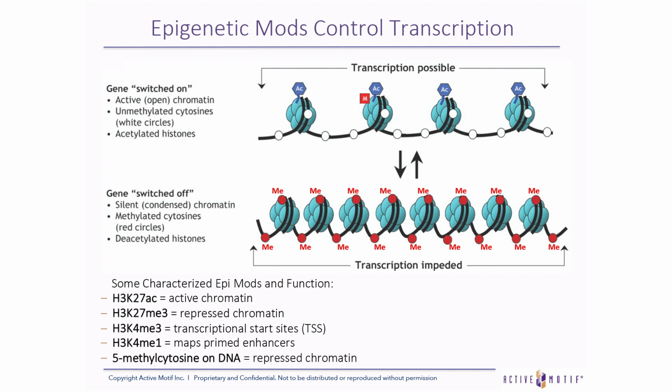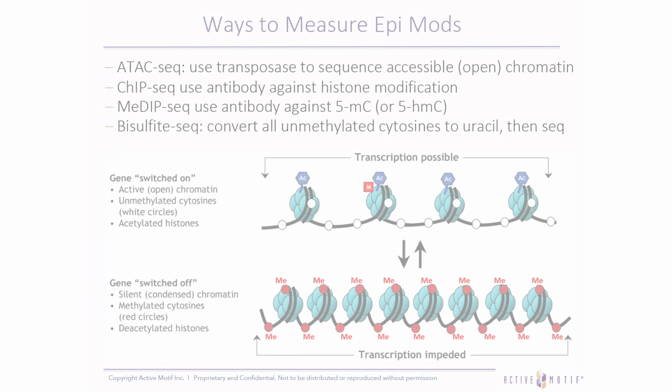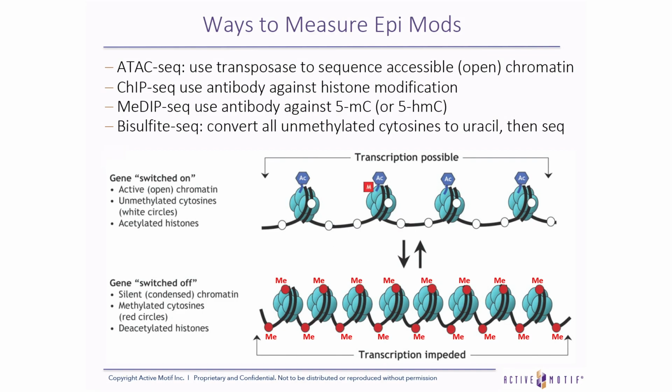So we have several different ways to measure these things, whether they be the histone modifications or the DNA methylation. ATAC-seq, which we'll get into later, is a method of using transposase to sequence the accessible and open chromatin. So it physically uses a transposase to get into these open spaces where the chromatin is accessible to tag and sequence that DNA.